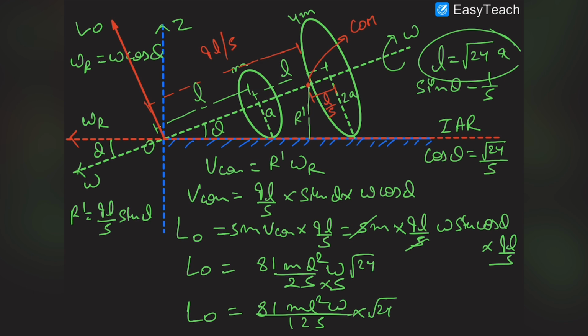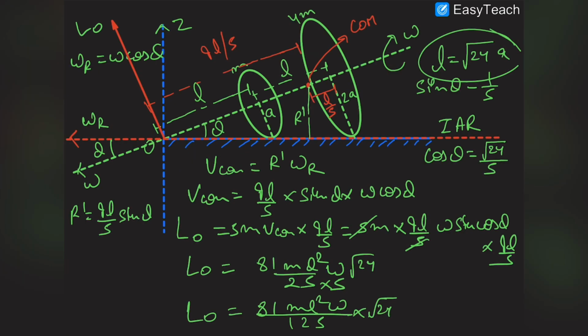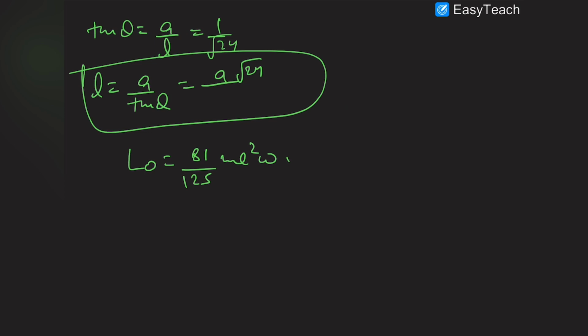Now LO is 81 by 125 ml square omega into root 24. The value of L square will be A square into 24.